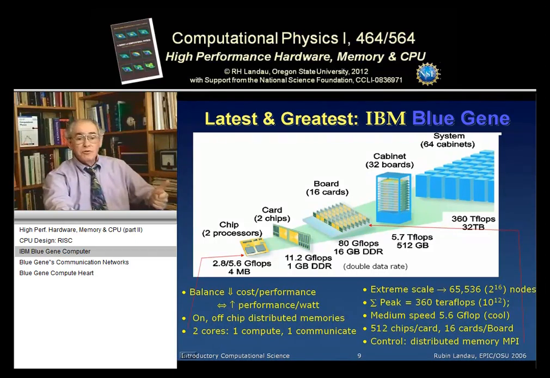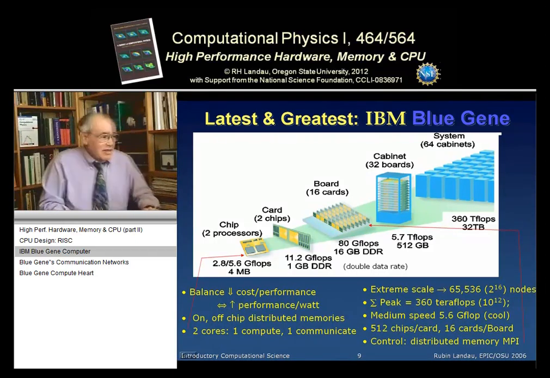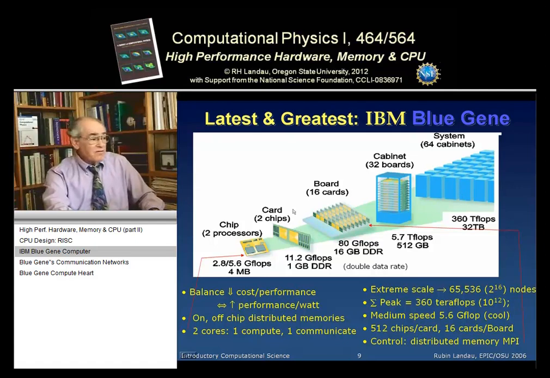That's number one. And number two, remember what we said at the beginning of this discussion? We said you have to have a balance between all components. Well, there's no point in making a CPU tremendously fast when what you have to do is communicate between 65,000 computers. Okay, that's a lot of communication. That's slow. So there's no point in having the computer much faster than the communication time.